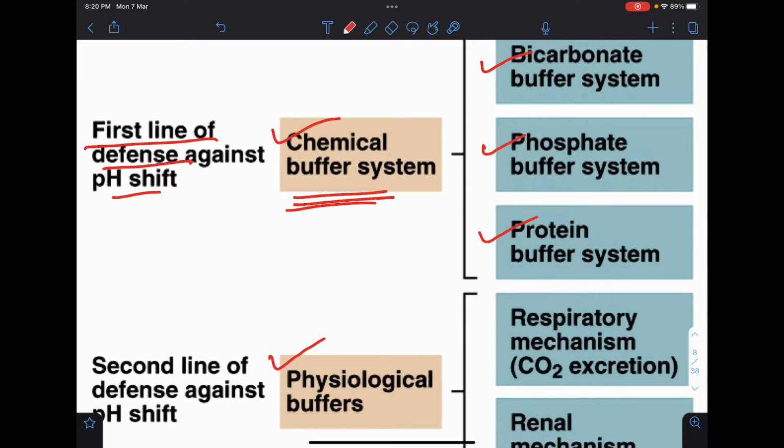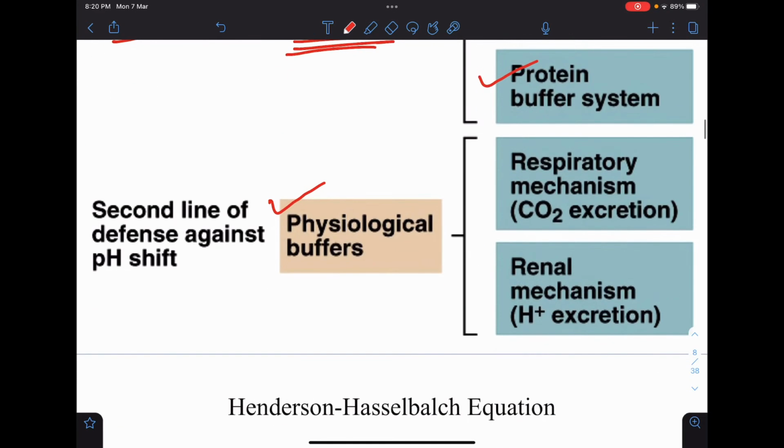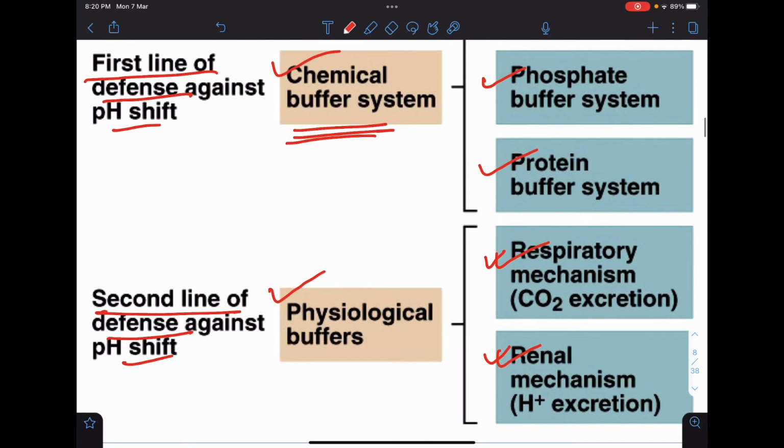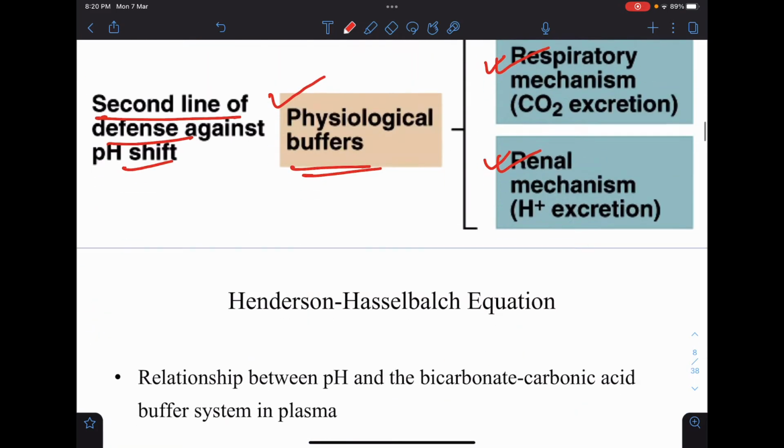So bicarbonate, phosphate, and protein act as important chemical buffers, which are the first line of defense against pH shift. Now, the second line of defense against pH shift is physiological buffers. So it is very important. Physiological buffers include the respiratory mechanism, which deals with CO2 excretion or CO2 retention, and the renal mechanism, H plus excretion. So this is about the buffer system. Chemical buffers are the first line of defense, and physiological buffers are the second line of defense.